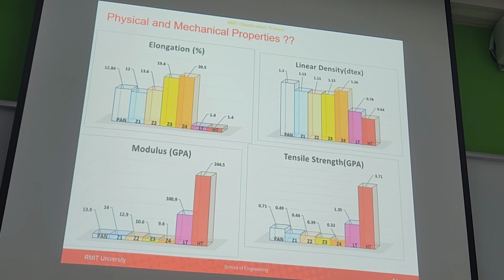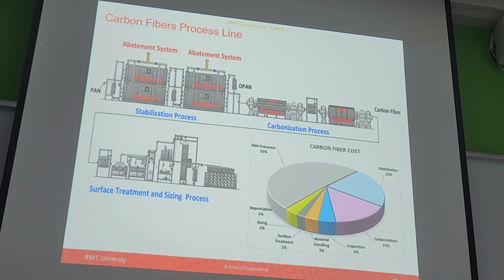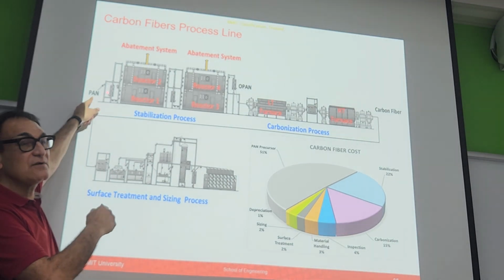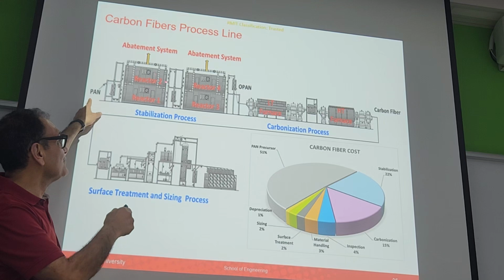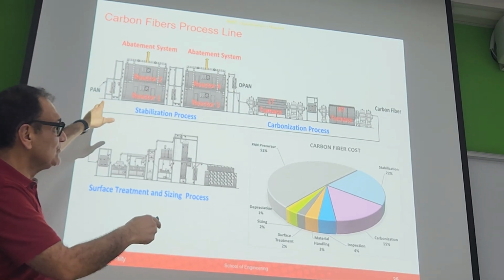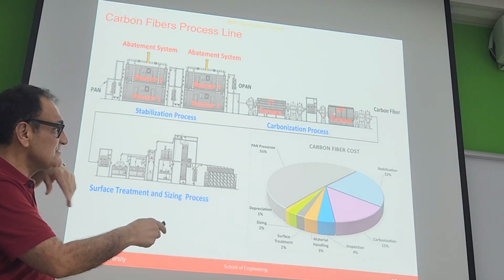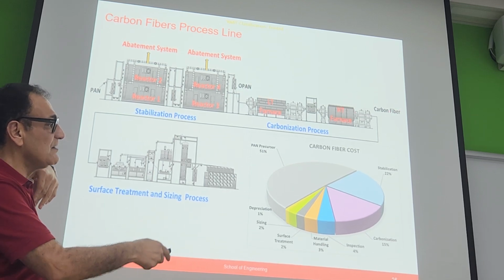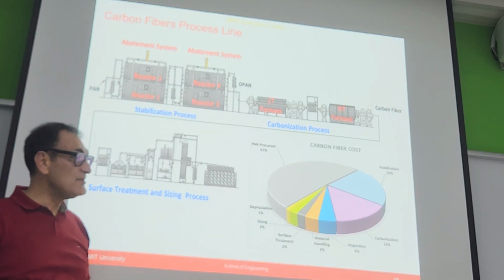So I'm telling you, once you design, you need a material, you go and find what the new material is, and they use it. So this is the whole of the company I worked at. The PAN, polyacrylonitrile, passes to reactors 1, 2, 3, 4, goes to the low temperature furnace, then the high temperature furnace, and we have a carbon fiber.